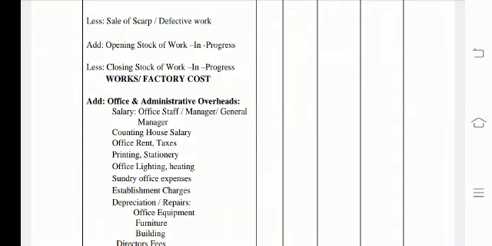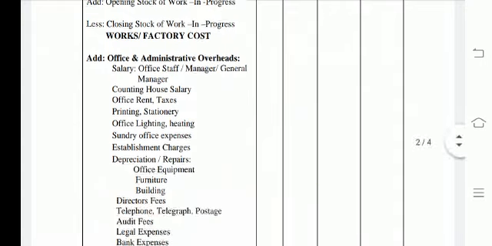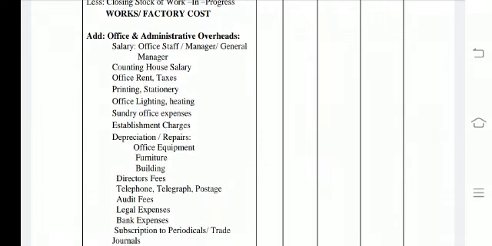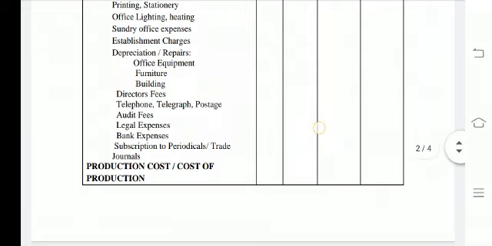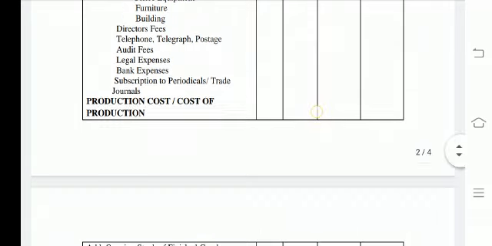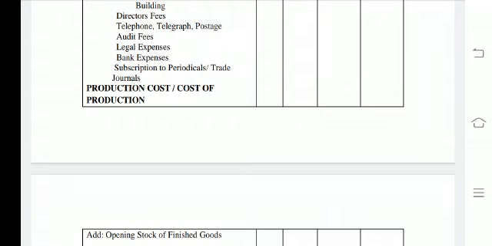For that you should add office and administration overhead. What are those expenditures? They are salary of office staff, accountant's salary, office rent, printing, sundry expenses, establishment charges, depreciation of furniture and building, director fees, telephone, telegram, postage, audit fees, legal expenses, bank expenses, subscription to periodicals, journals, etc. And finally we get the cost of production.